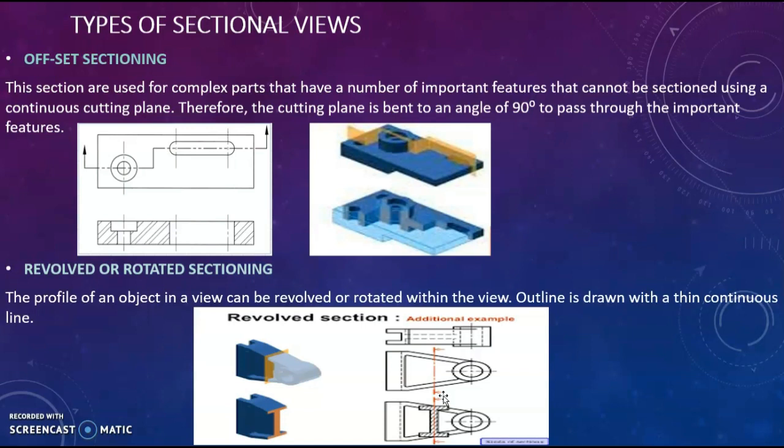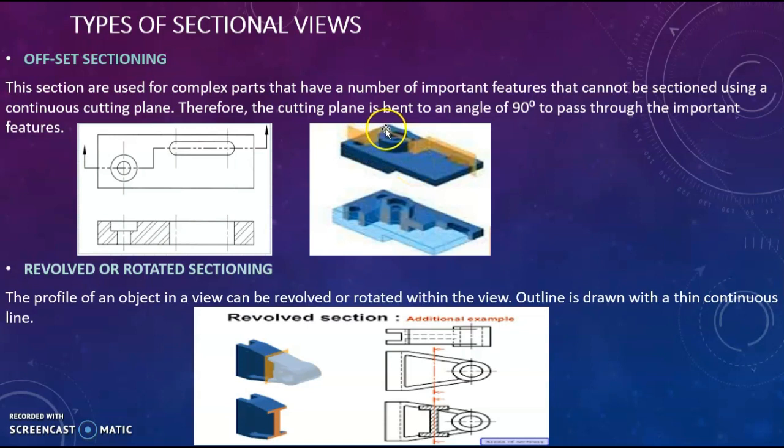For offset sectioning, we bend the cutting plane to an angle of 90 degrees, nothing else but 90 degrees. This is how much we bend the angle to pass through some important features of the object. When we see the diagram here, you see there is a cutting plane.